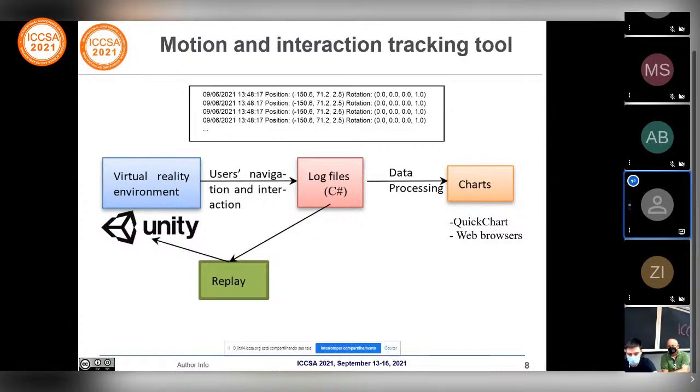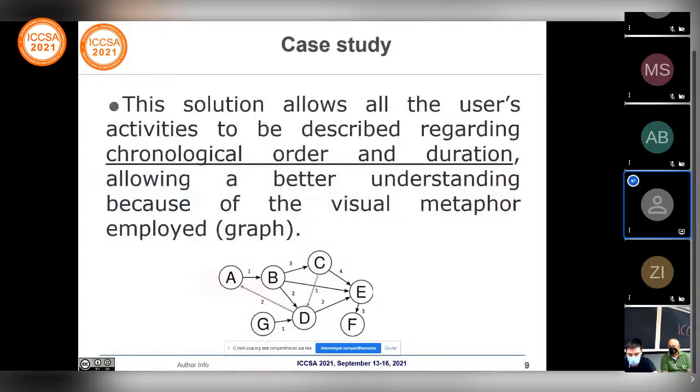Charts are rendered by Chart.js on the web browser. This solution allows all the users' activities to be described regarding chronological order and duration, allowing a better understanding because of the visual metaphor employed.